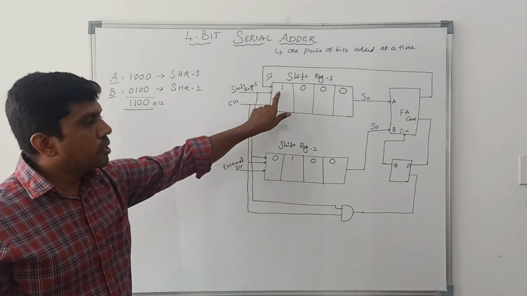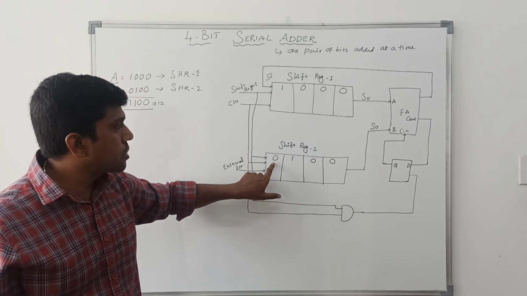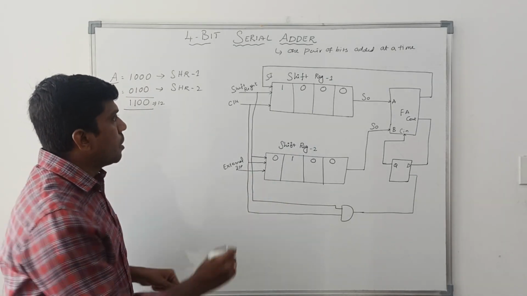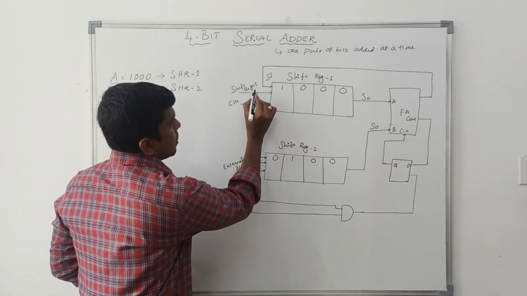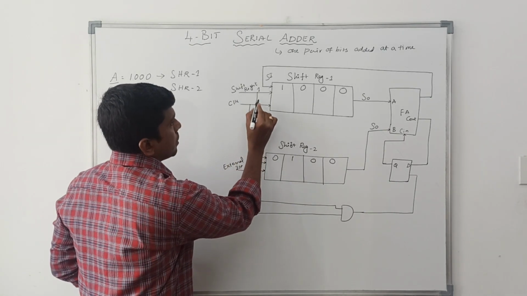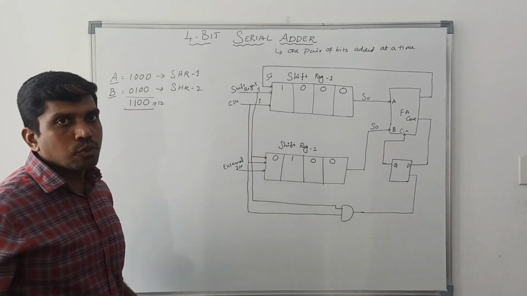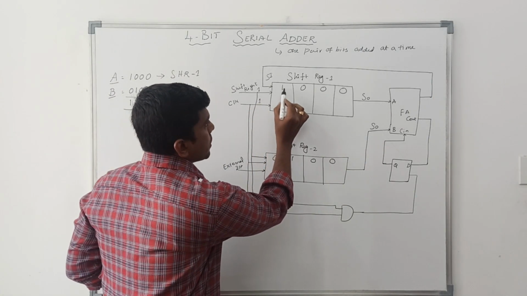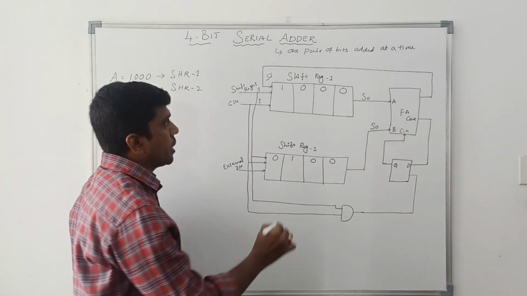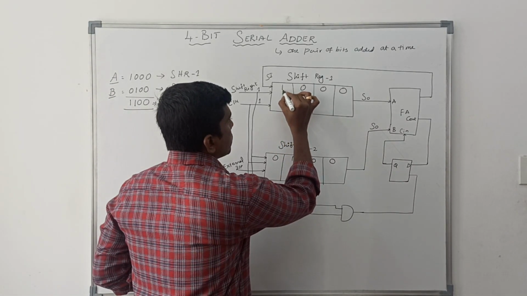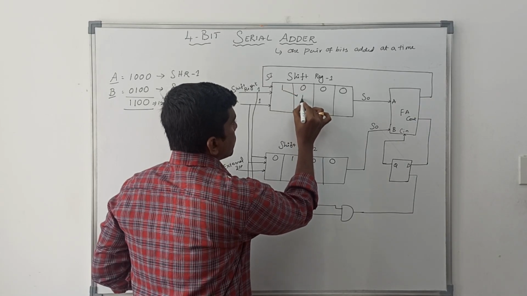After getting the shift right control signal and clock signal, if shift right is 1 and clock is 1, the shift register shifts the content from left to right. So this 1 goes to here.